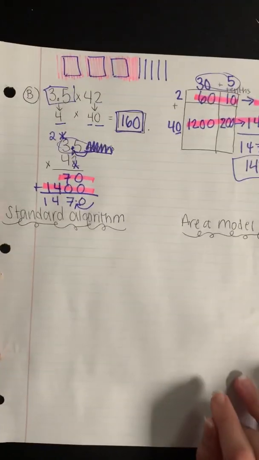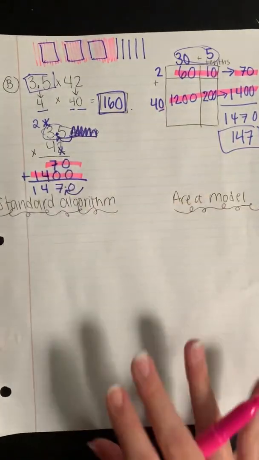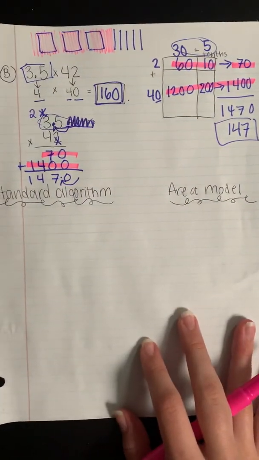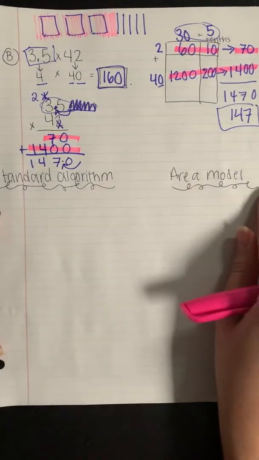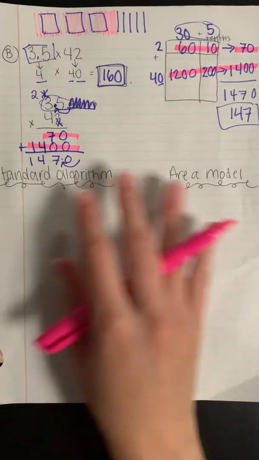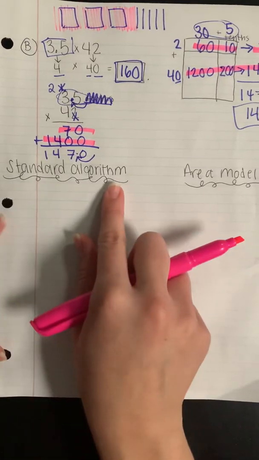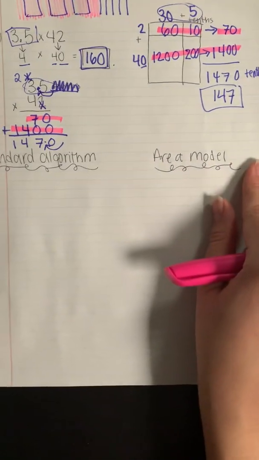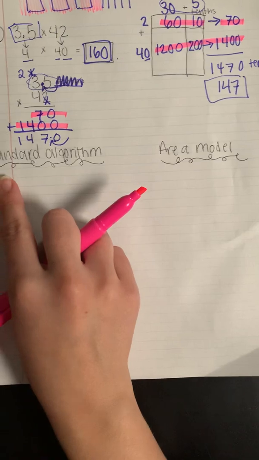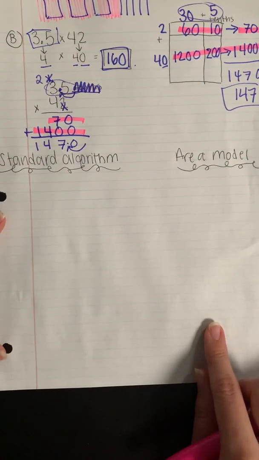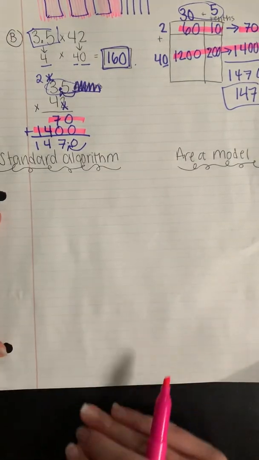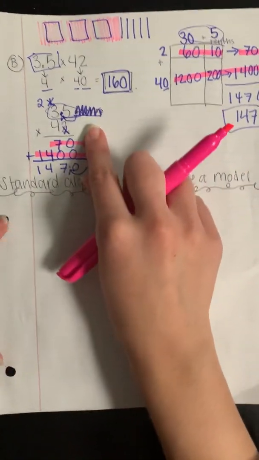All right, we're gonna practice more of these together right now in our groups and independently. Before you're allowed to start that though, I want you to set up 2 spaces in your notebook. I kind of made mine into columns. So one says standard algorithm, one says area model. And I want you to write out how to use these strategies so that someone else could look at your steps and know how to do this up here.